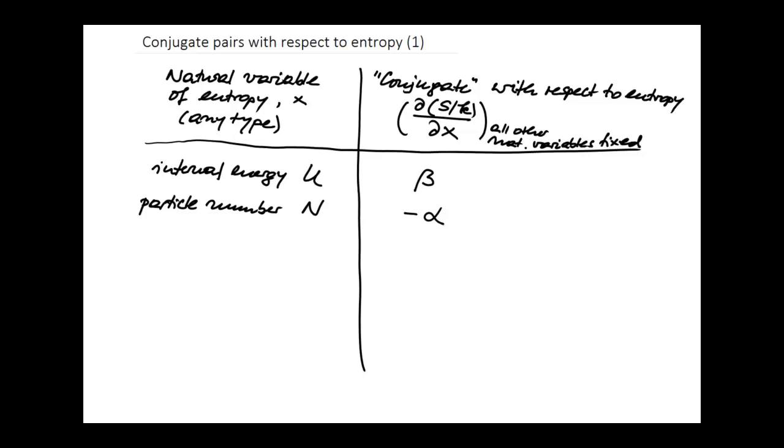Again, very soon we will find out what alpha means and how we can interpret it. These are so far only conventions for how the conjugates are called. We'll come back to this table very soon.